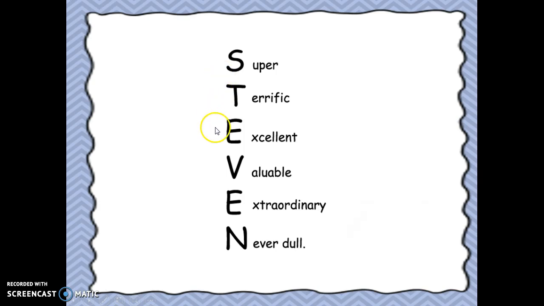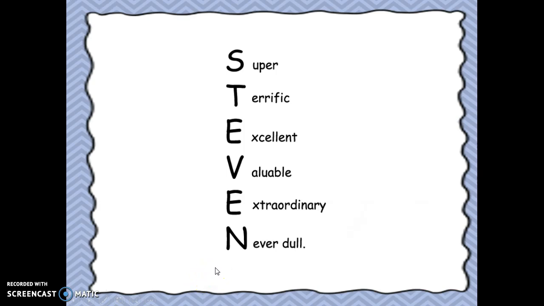Super, terrific, excellent, valuable, extraordinary, never dull. That means boring, never boring. So this friend Stephen chose to do a shorter version. Again, you could use your name and make longer sentences or make rhyming phrases. Any of those options are fun ways that you can get creative and write an acrostic.